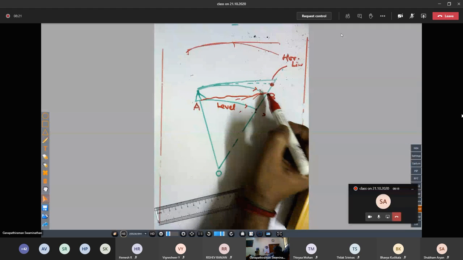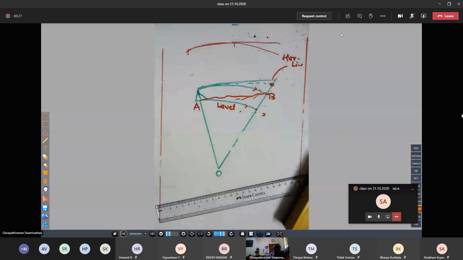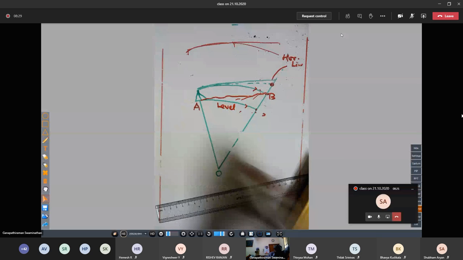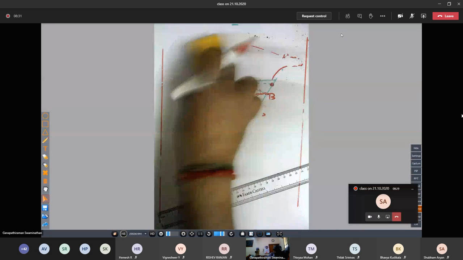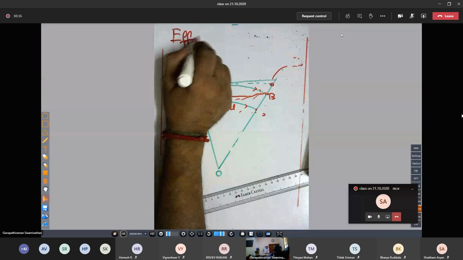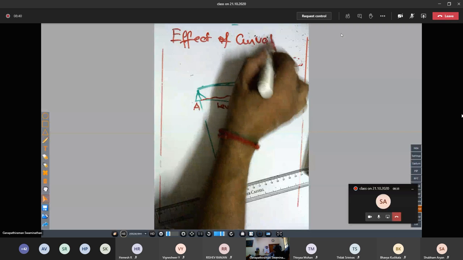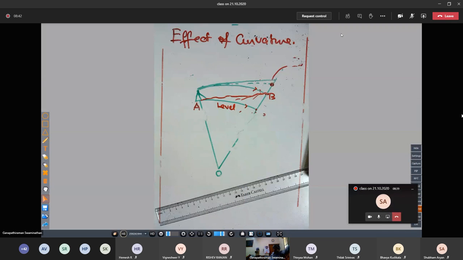You should have read here, but you are reading here. This is the effect of curvature. Because of the effect of curvature, the point appears deeper than what it really is.